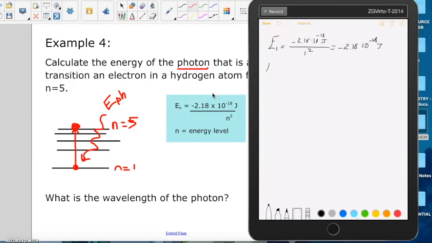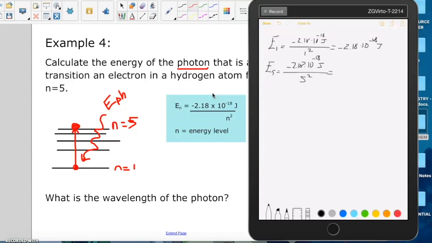The energy of the electron in N5 will be minus 2.18 times 10 to the minus 18 joules divided by 5 squared.